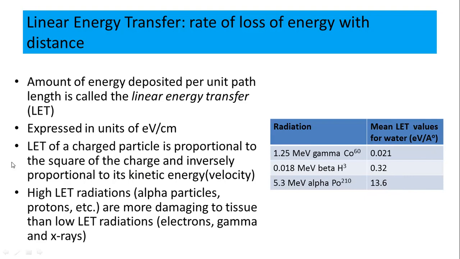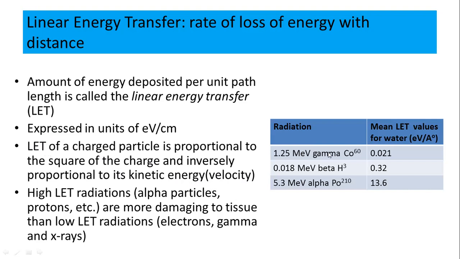But LET is inversely proportional to the kinetic energy, and kinetic energy is half mv square. That means it is inversely proportional to the velocity. Velocity is actually the penetration power. So if there is more penetration power and more velocity, then the value of LET will be small.